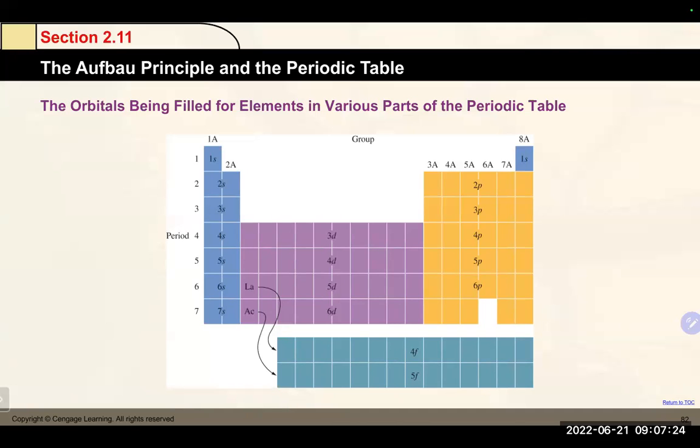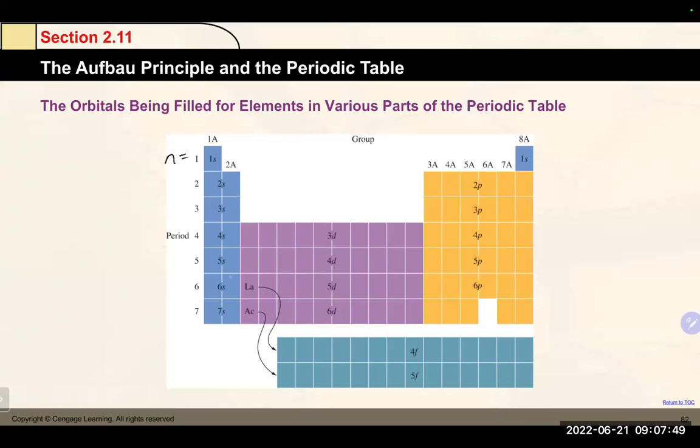Now, you can count off electron configuration from the periodic table if you want. You do need to know a couple of things that are a little different. Our period numbers, 1, 2, 3, 4, 5, 6, 7, are really our N numbers, and you can basically count it off.